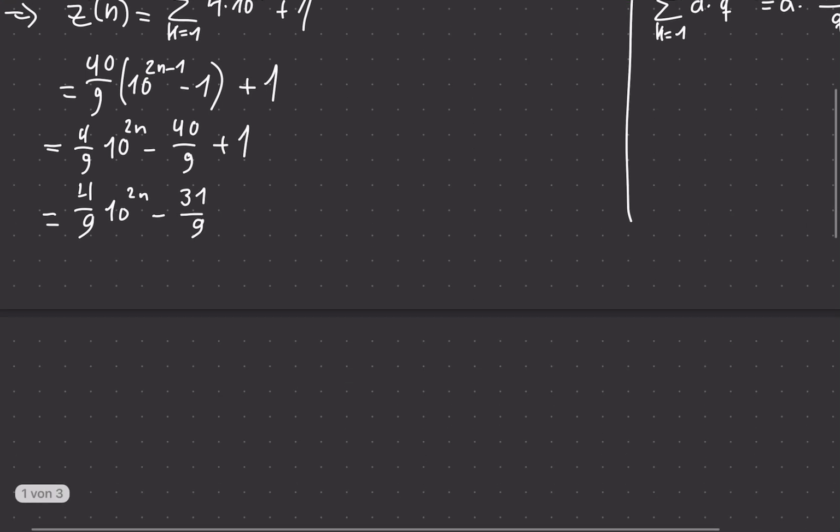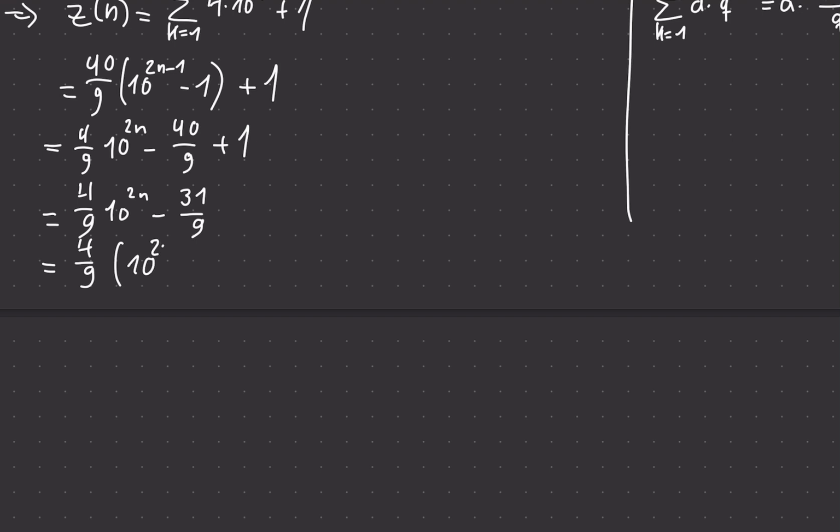And then we can factor out the 4/9 to get that z of n equals 4 divided by 9 times 10 to the 2n minus 31 divided by 4. Alright.